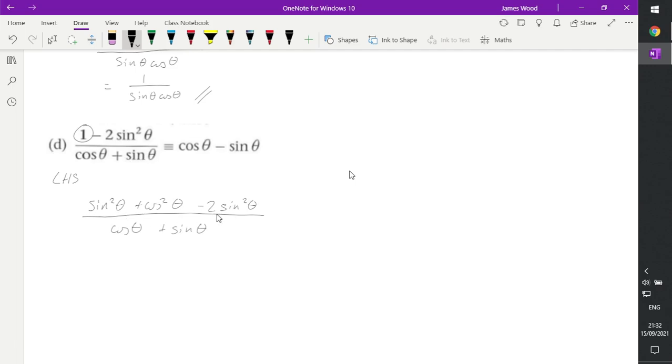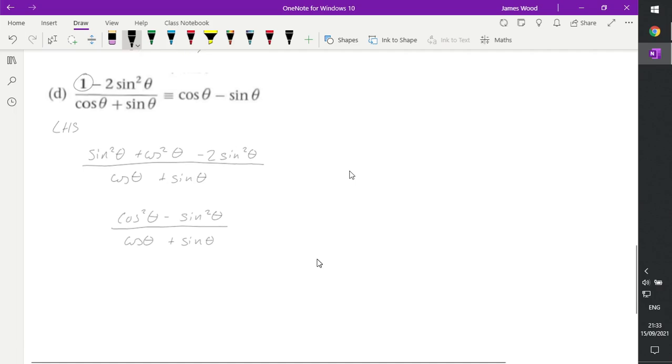Now on top I can collect the sine squareds together, so I'm going to end up with cos squared theta minus sine squared theta. This is looking promising for my difference of two squares. Then I can factorize the top using difference of two squares.